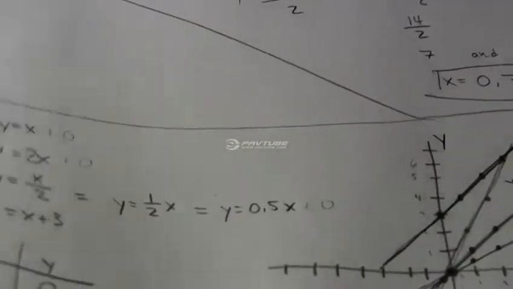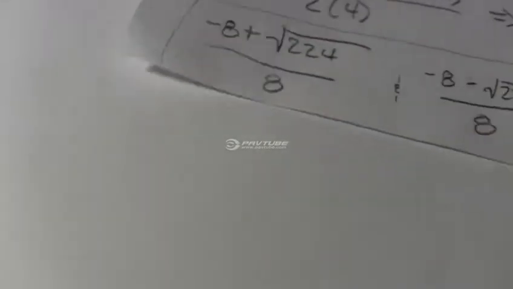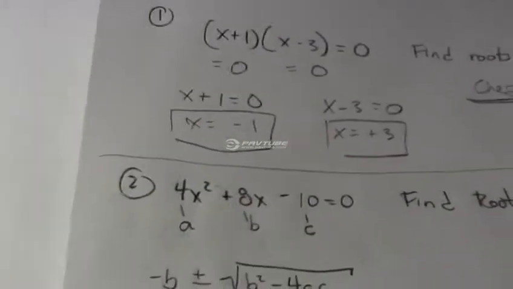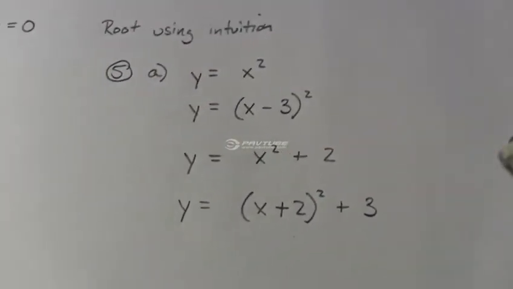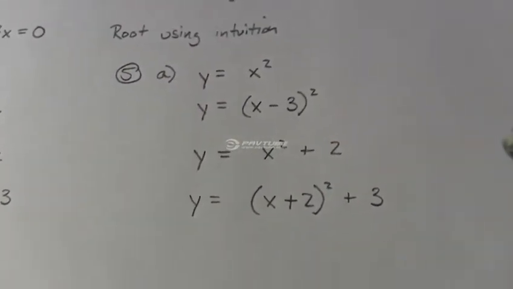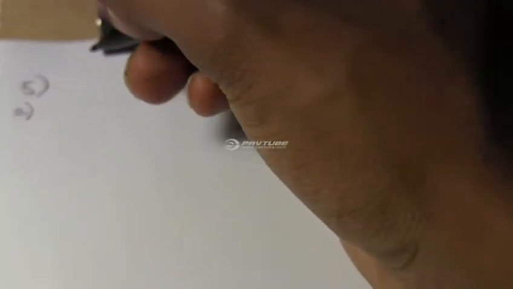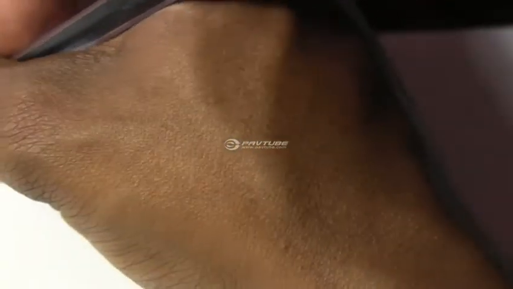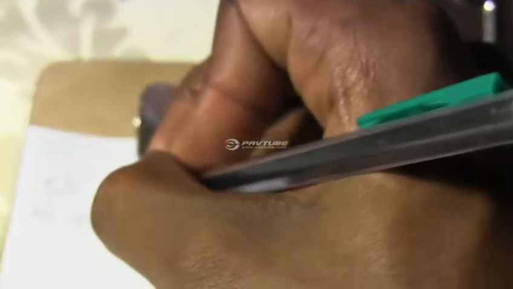So that's 4. And now I know you said parabolas were a priority, so we're going to do the same approach with parabolas. Okay? Same breakdown. So 5. A, y is equal to x squared.